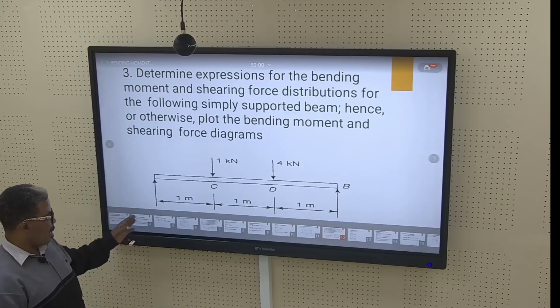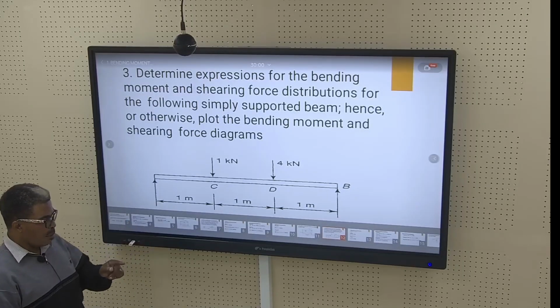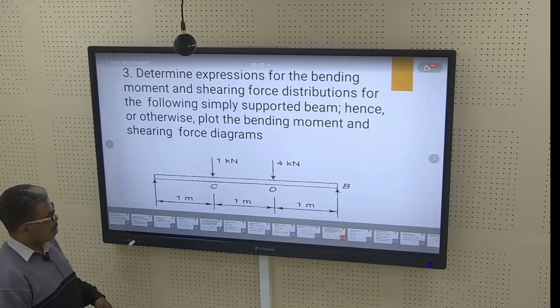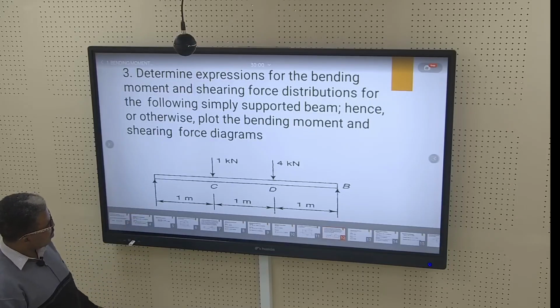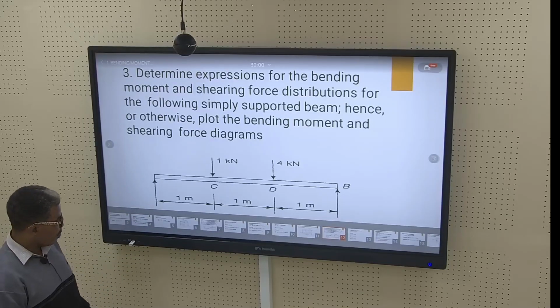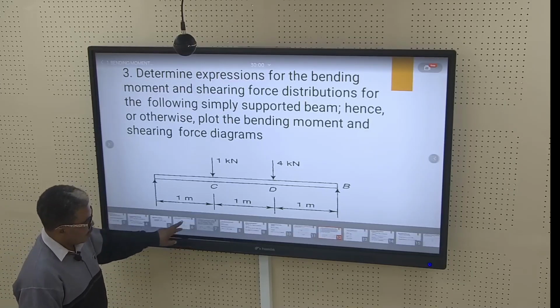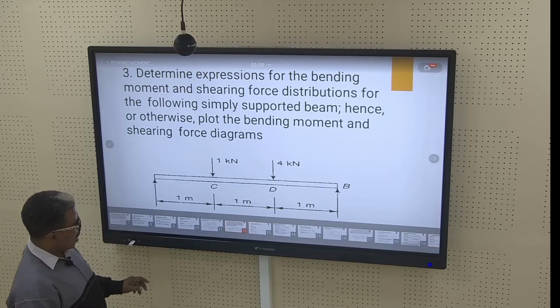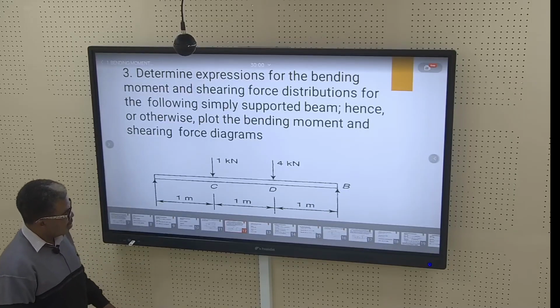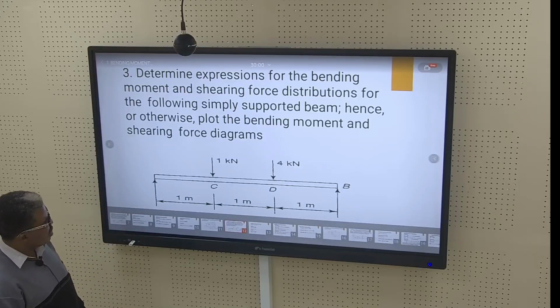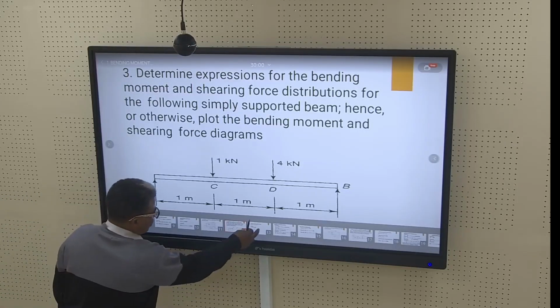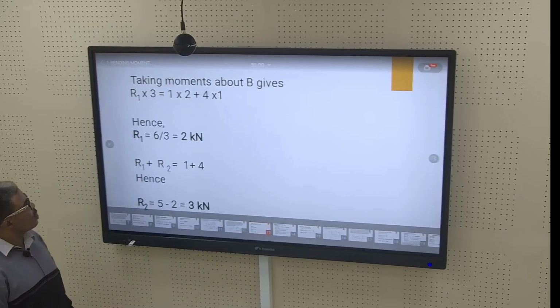Mind you, we are working on a simply supported beam, but with two loaded forces, with the two forces at C and D. And they are equally spaced, however, they have different loads. So first of all, you have to determine the reactions. You have to solve for reactions.